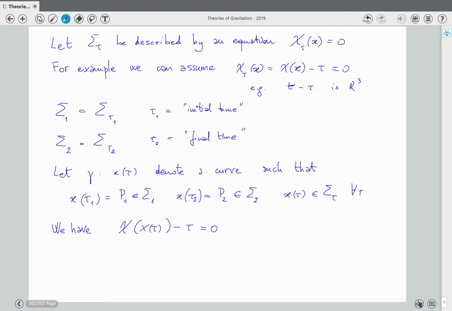This defines a flow of diffeomorphisms that map sigma tau to any sigma tau prime.